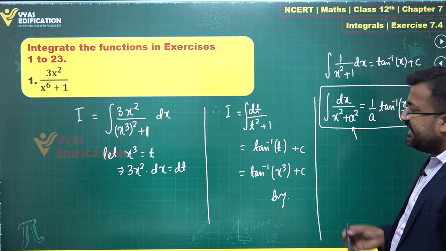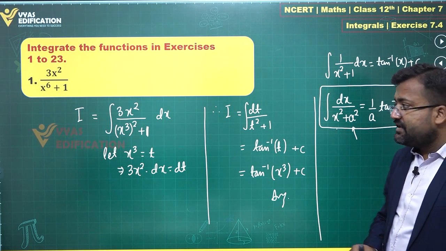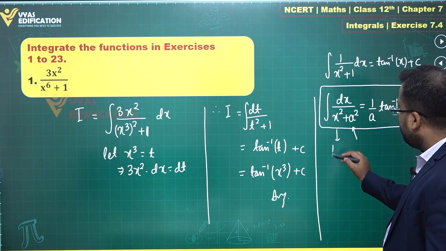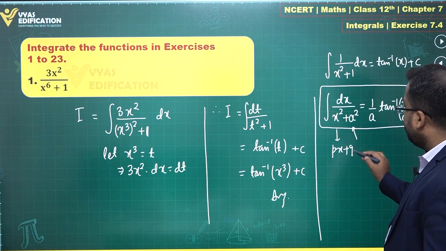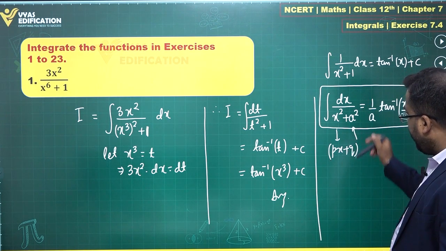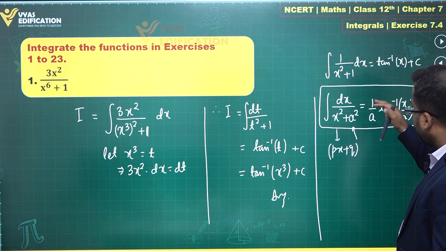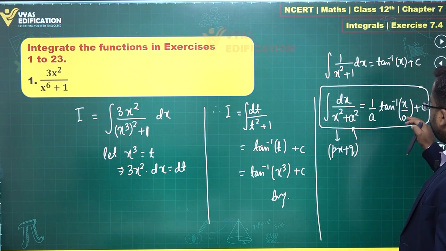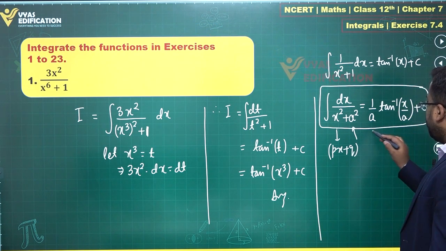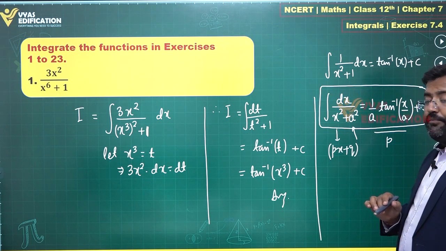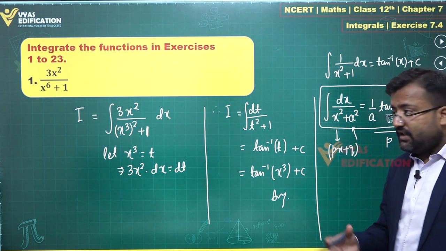Instead of x, if you have a linear function, linear polynomial of x, like instead of x, if you have px plus q square plus a square, the answer would be 1 upon a tan inverse px plus q upon a, and you also have to divide by p over here, right? That is something which you have seen, right?